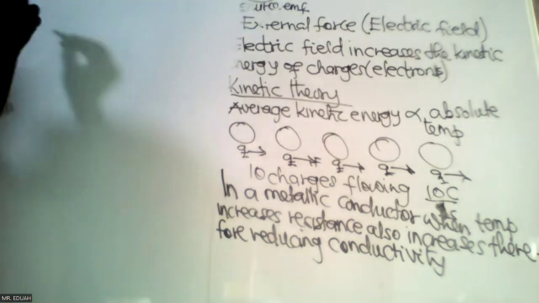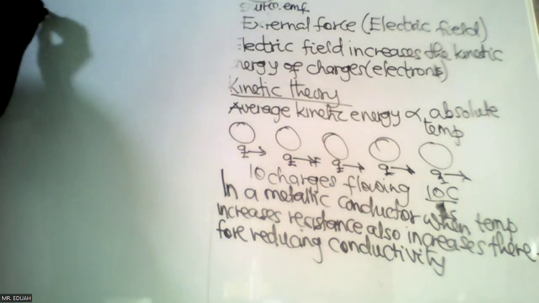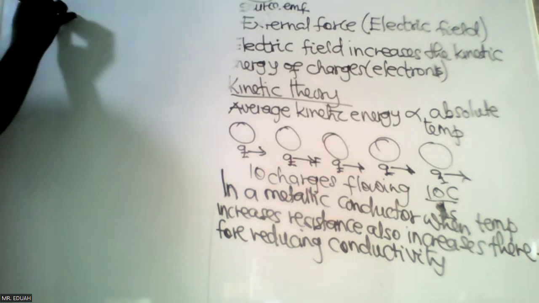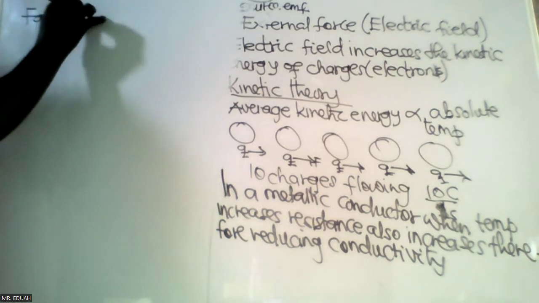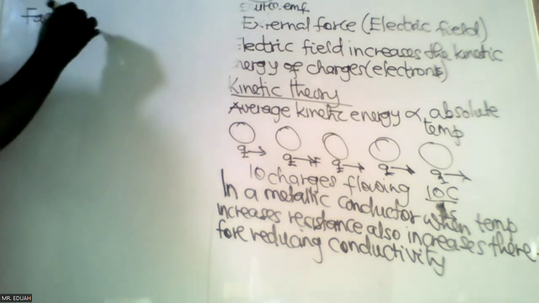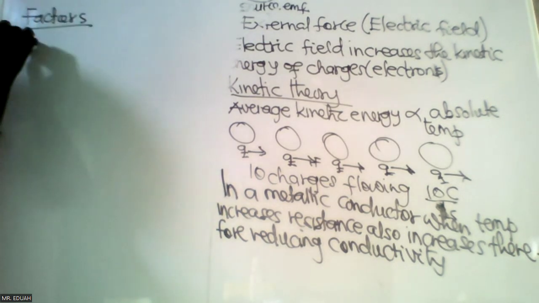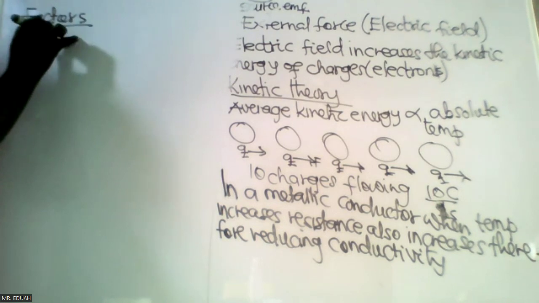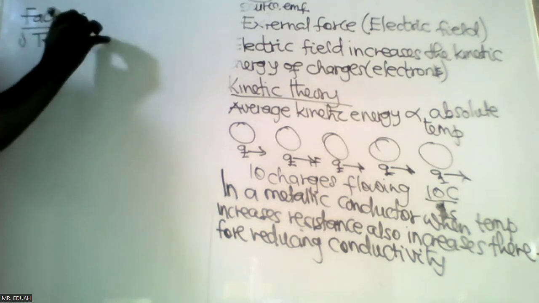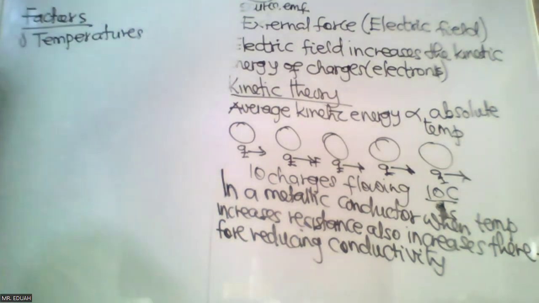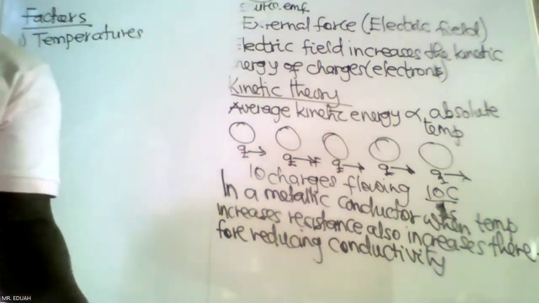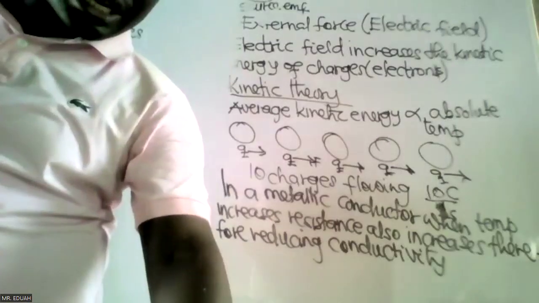So factors that affect resistance of a metallic conductor. We have one, temperature. Temperature affects the resistance of a metallic conductor. The greater the temperature, the greater the what?